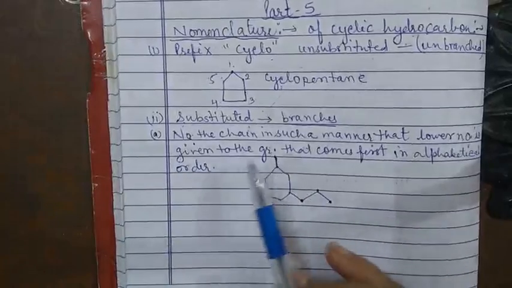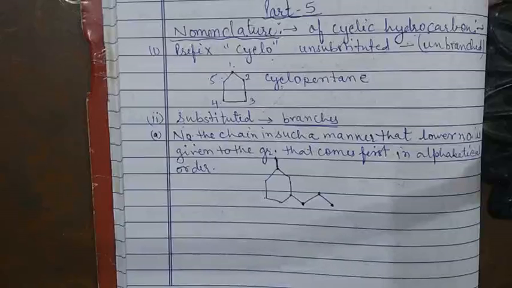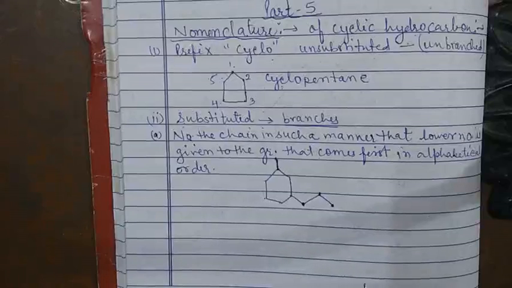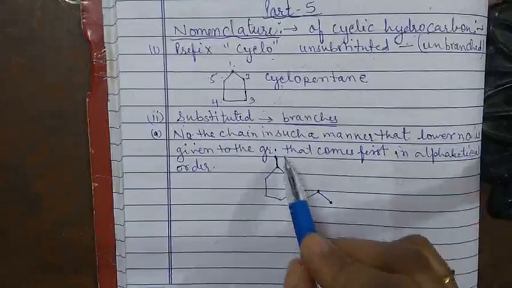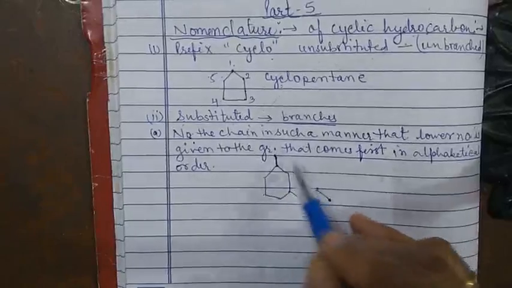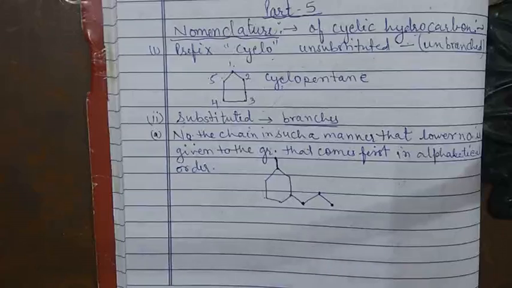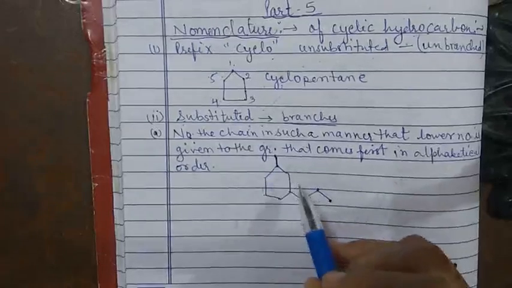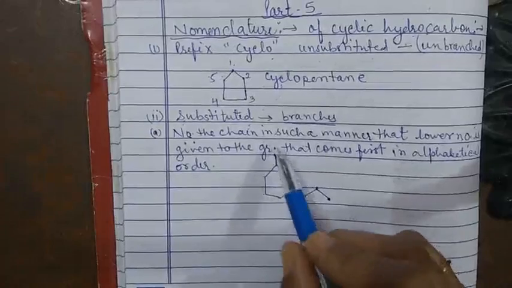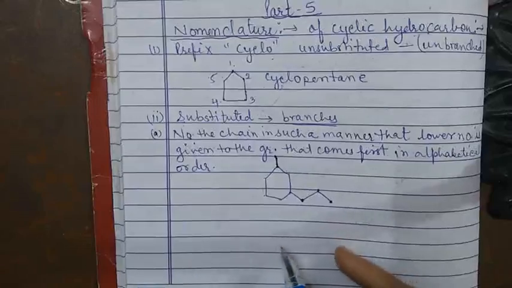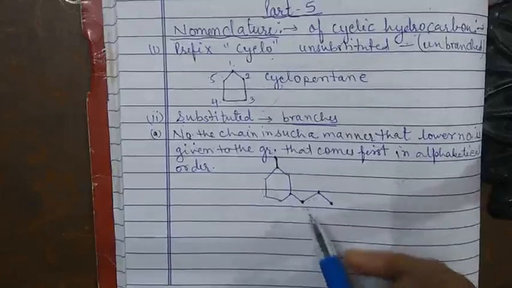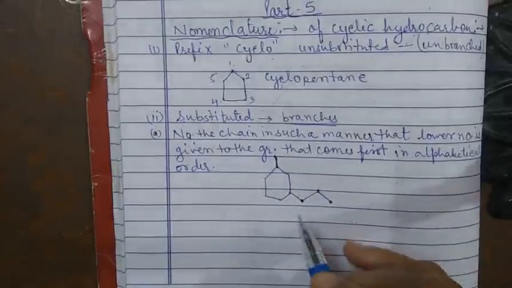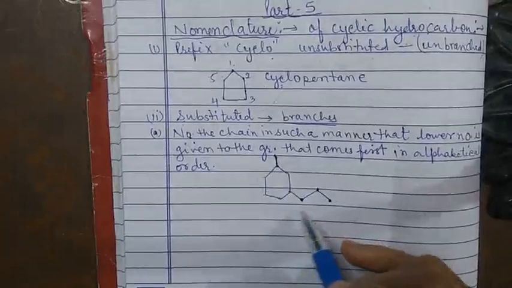So for example, we have such a structure. Now our aim is to name such a cyclic hydrocarbon. So first of all, the numbering should be done for such a hydrocarbon.